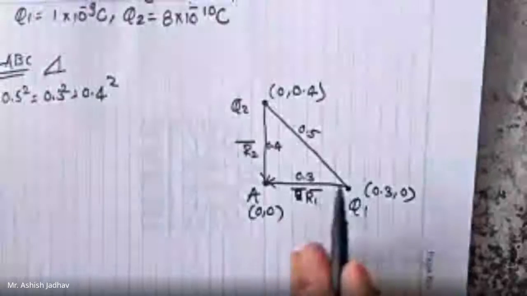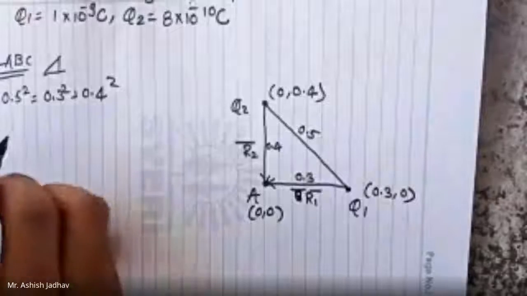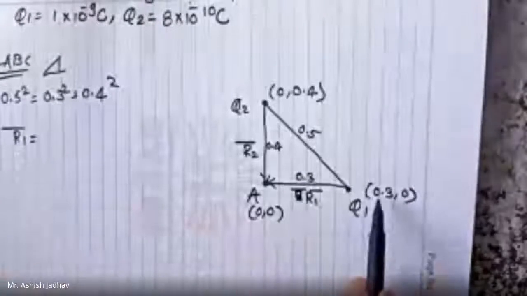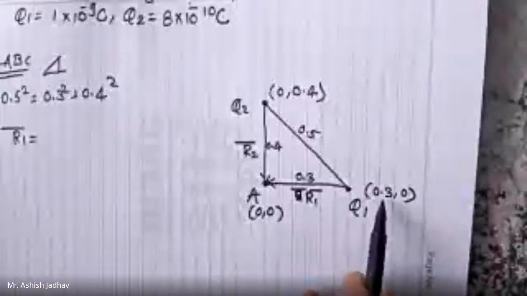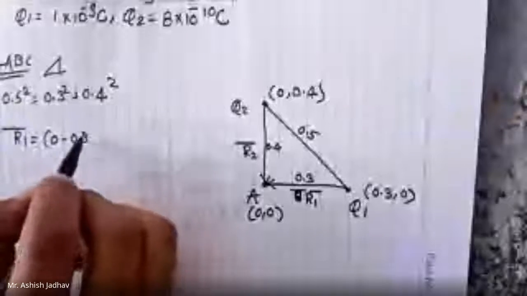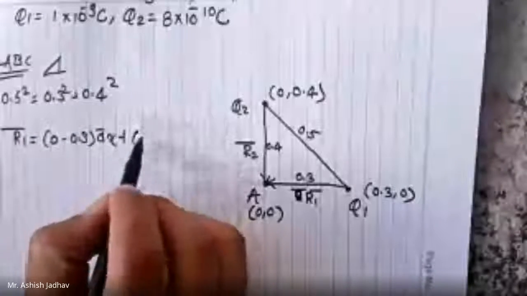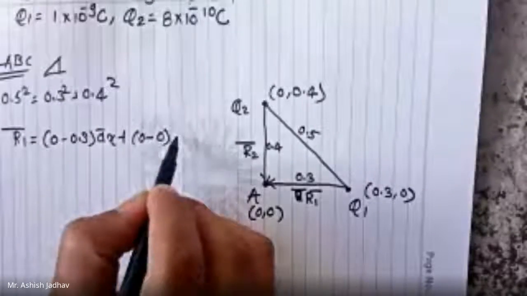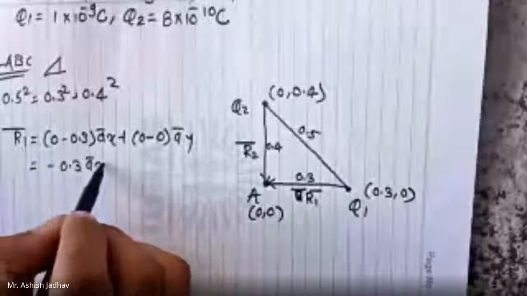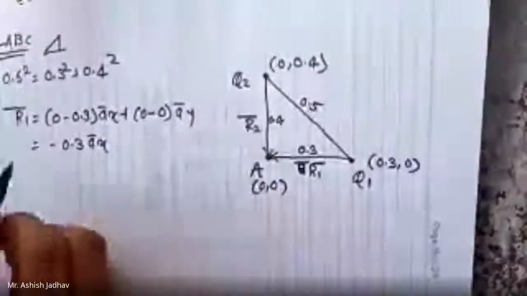Once you draw a neat sketch of the given example, you can proceed to calculate the vector. R1 bar is equal to 0 minus 0.3 a bar x plus 0 minus 0 a bar y. So R1 is minus 0.3 a bar x, right? Next, I want to find the unit vector.